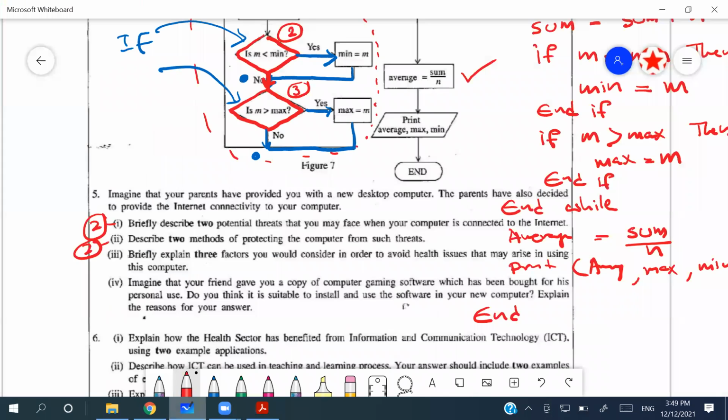So the next question, briefly explain 3 factors you would consider in order to avoid health issues that may arise in using this computer. Yeah, so like the health issues, you can have CVS, computer vision syndrome, you can have musculoskeletal problems, you can have RSI, repetitive stress injuries.